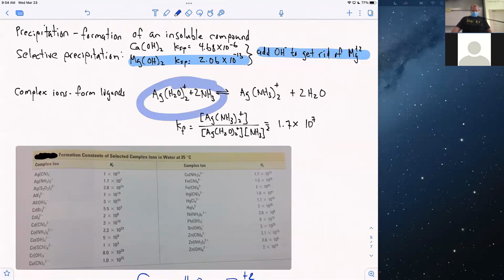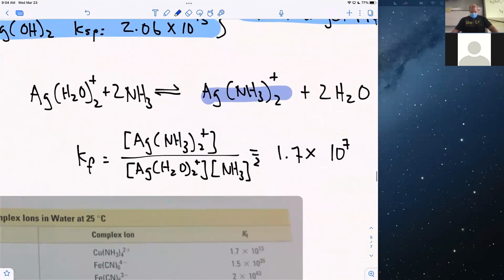A lot of times we ignore the fact that it reacts with water and we just write the silver ion, but silver does react with water, just like aluminum. But if you put it into an ammonia solution, it'll form this complex with ammonia.